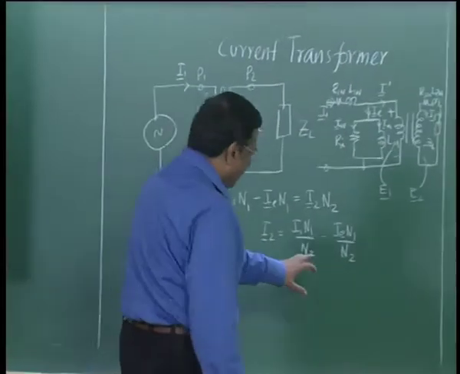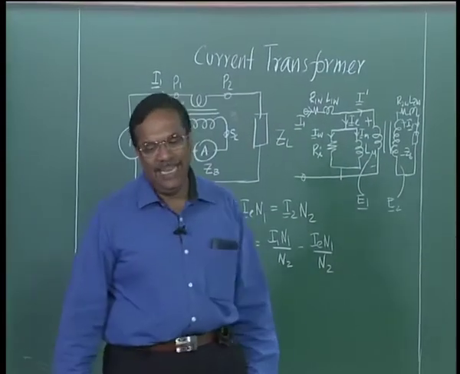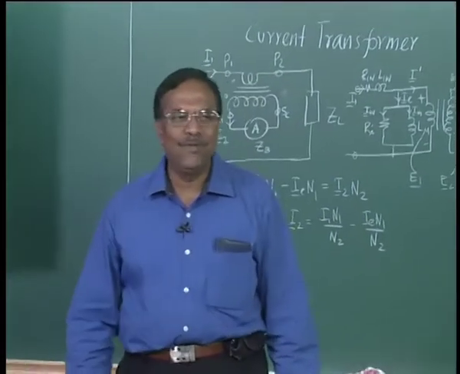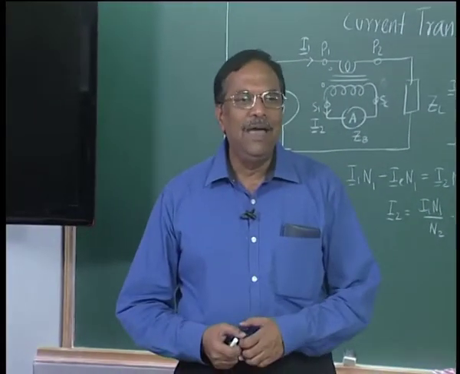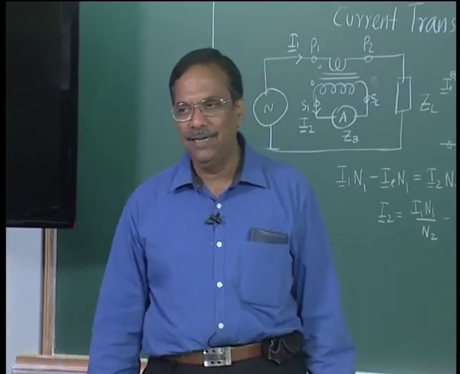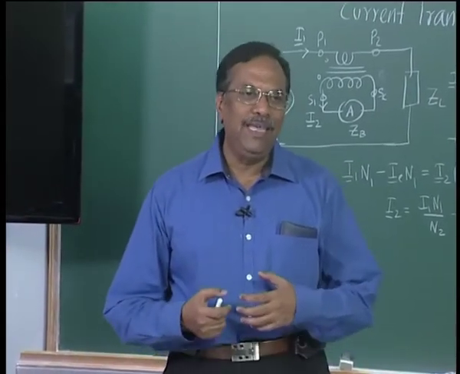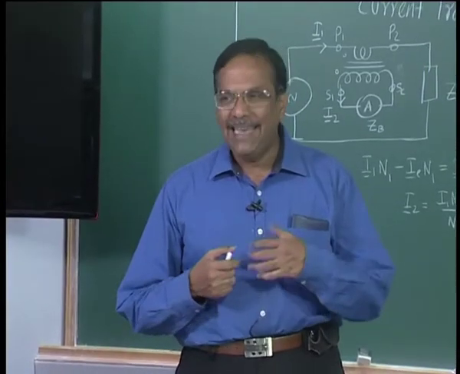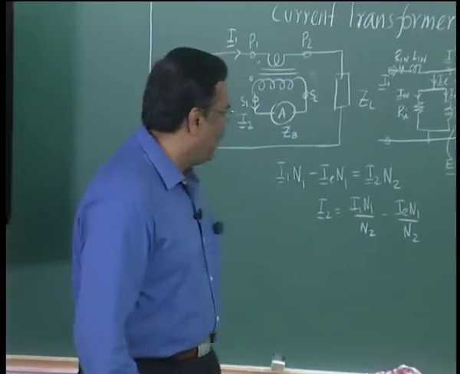So, this is the error, right. So, in general, a current transformer will always have a measured value which is less than the true value, right, which means the error is going to be negative, right.